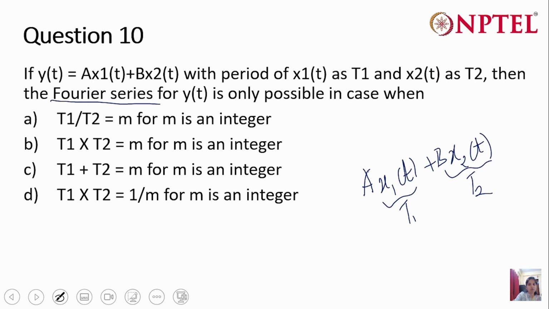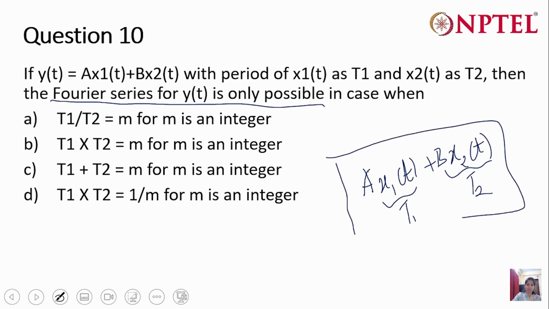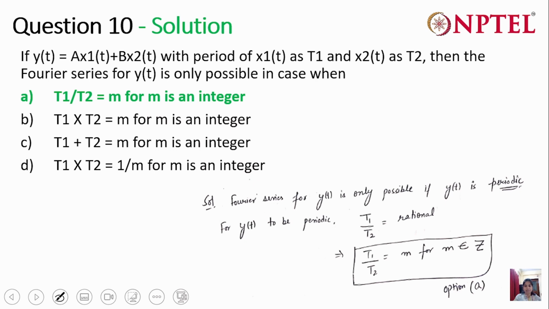For which case can we find the Fourier series coefficient for this sum of two signals? Option A, ma'am. Yes. So it is possible to find only when T1 by T2 is equal to M, that is, it's rational.